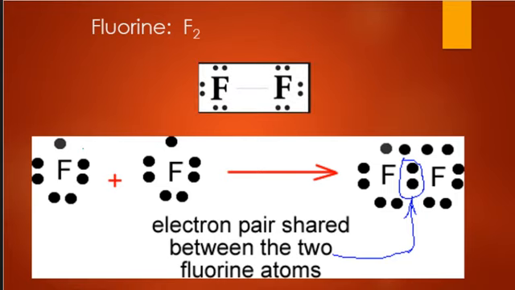So let's see. This counts for 2, 3, 4, 5, 6, 7, 8. So that fluorine's happy. Shared, 1, 2, 3, 4, 5, 6, 7, 8. That fluorine's happy. So just an F-F. All you're doing is putting a little dash between the F's in your book. Single bond. I love single bonds.